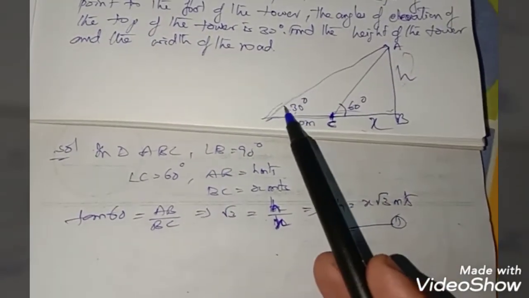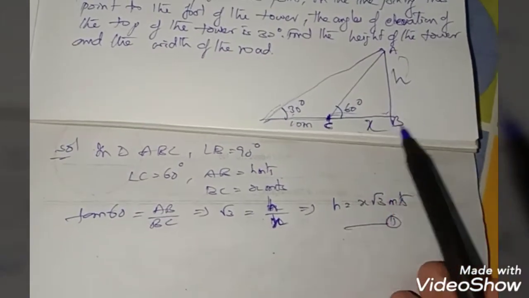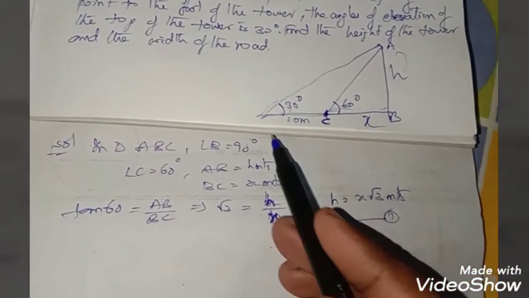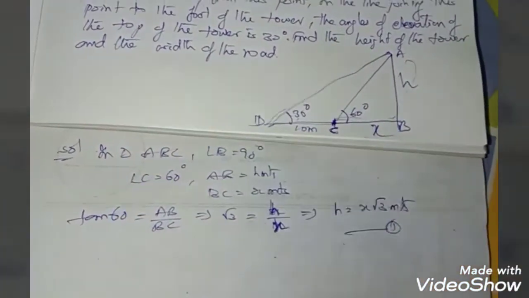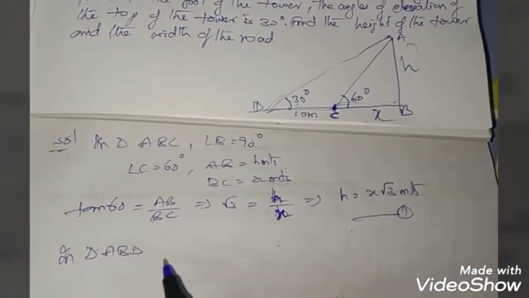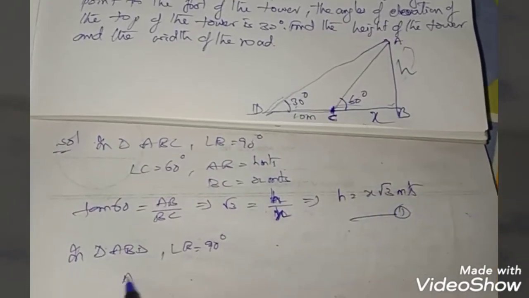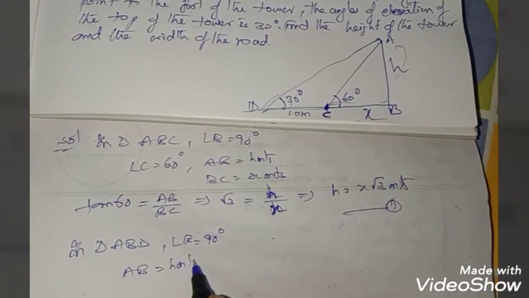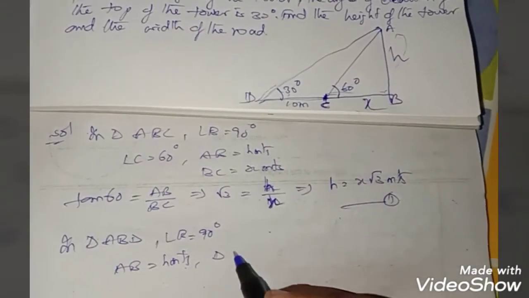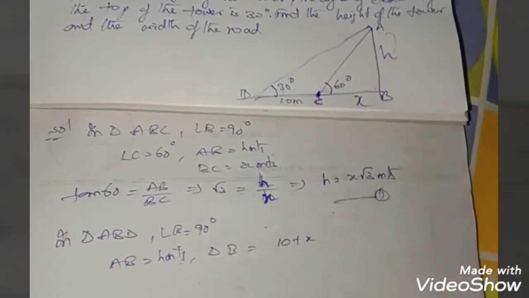Now if I consider this angle, you have to consider this complete line, because I consider triangle ABD. In triangle ABD, angle B is equal to 90 degree and AB is equal to, as usual, h meters and DB is nothing but 10 plus x, right?